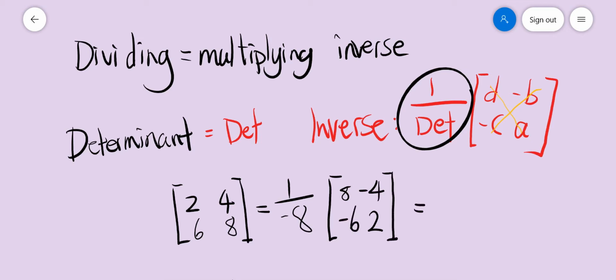And you calculate that, multiplying a whole number and a matrix. You just multiply this whole number times each number in the matrix. So 8 over minus 8 is minus 1. Minus 4 over minus 8 is 2 over 4, which is 1 over 2.